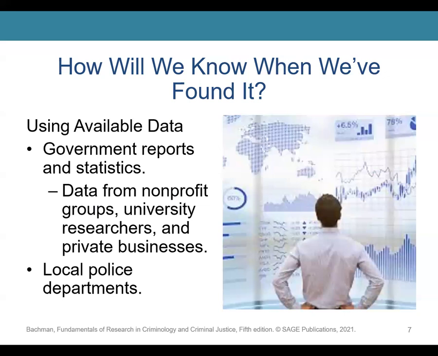So where are we going to get this stuff? Government reports are usually a good place because they provide a lot of statistics. Government reports are rich with accessible sources of criminal justice data, like the UCR from the FBI. Not all, but the vast majority of law enforcement agencies contribute to the UCR and send in their data.